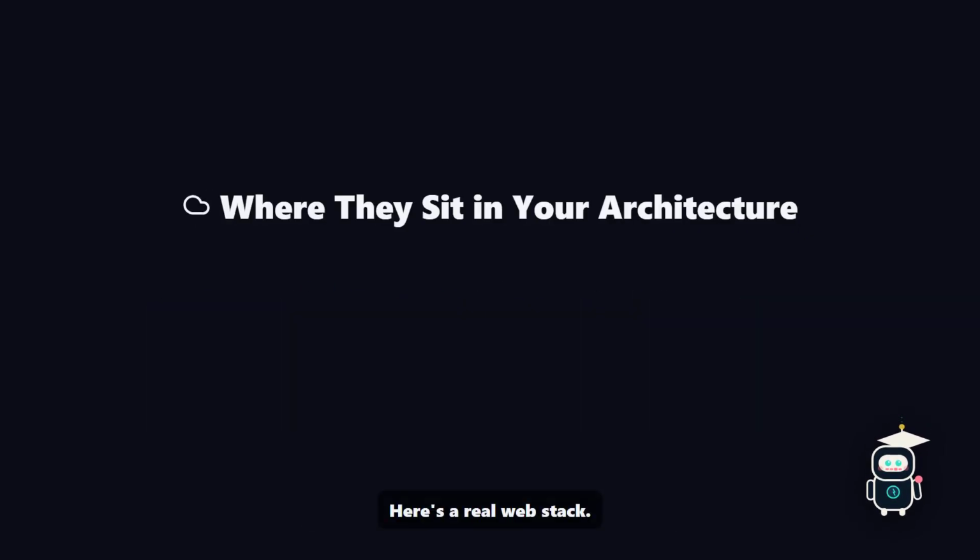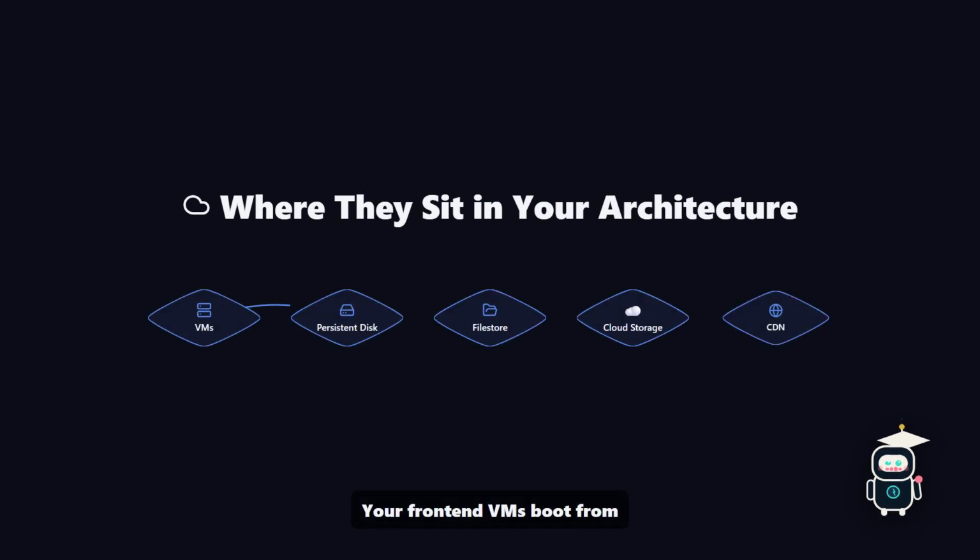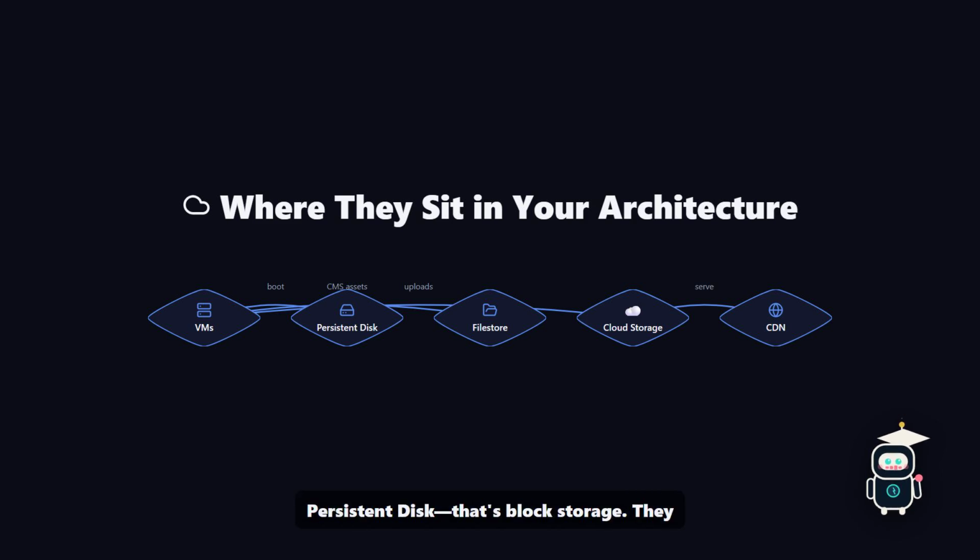Here's a real web stack. Your front-end VMs boot from persistent disk. That's block storage. They pull shared CMS assets, content management system, a platform that stores editable website content, from Filestore, a managed NFS mount that every instance can access in parallel.